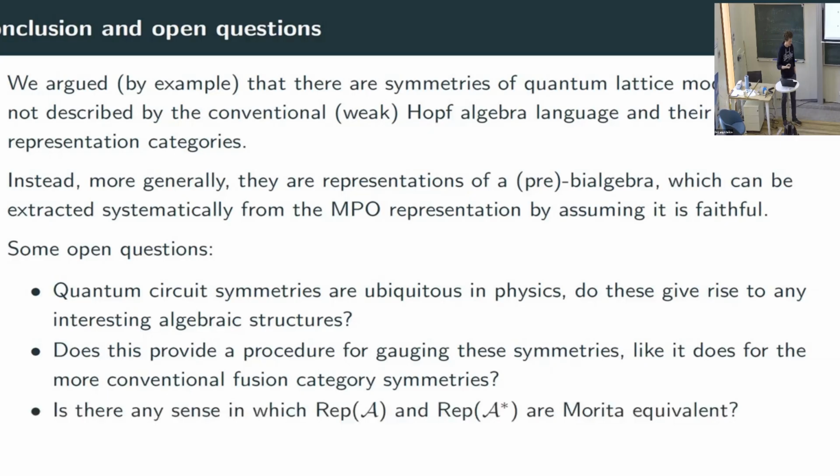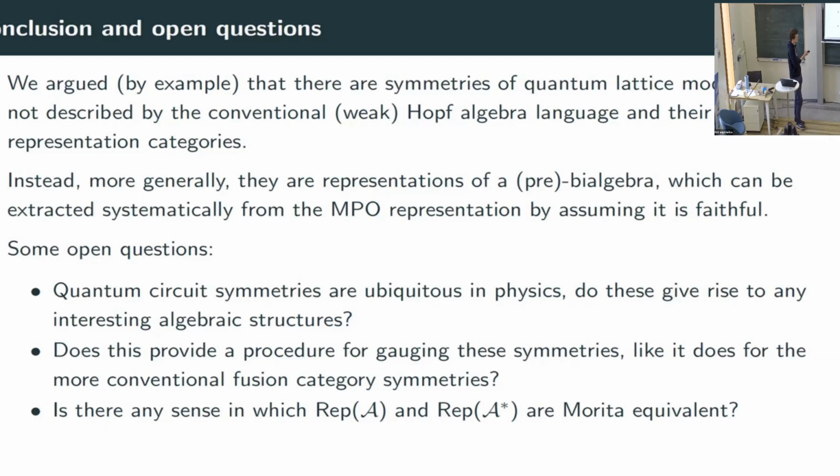And then finally, the things we use these symmetries for rely heavily on Morita equivalence between Rep of A and Rep of A star. For a finite-dimensional weak Hopf algebra, this is always true. Rep of A and Rep of A star are always Morita equivalent. In fact, you can think of this weak Hopf algebra as arising from some invertible bimodule category between the two.